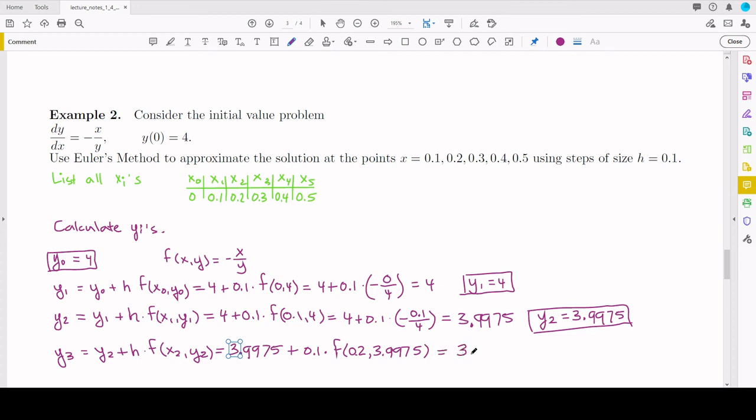And that is 3.9975 plus 0.1 times negative 0.2 over 3.9975.